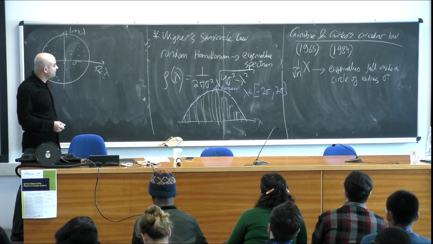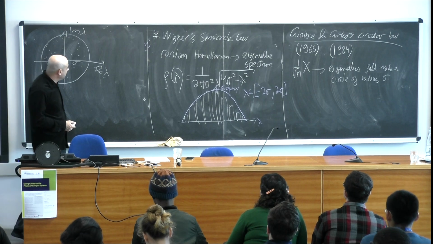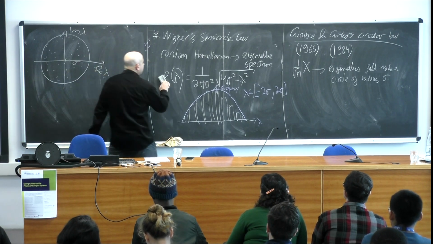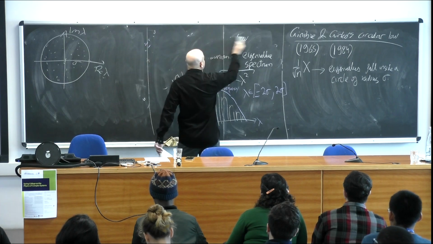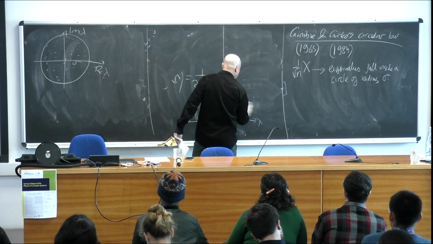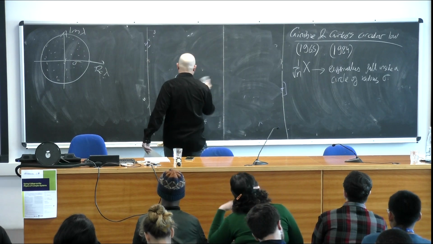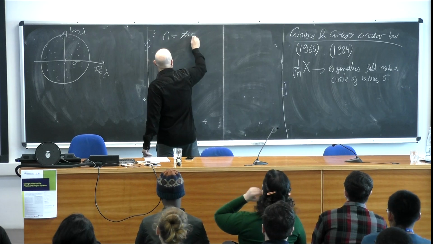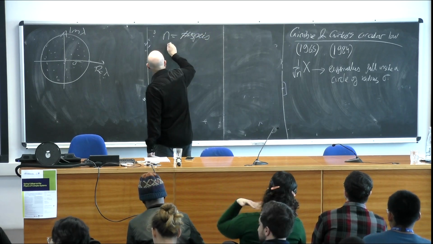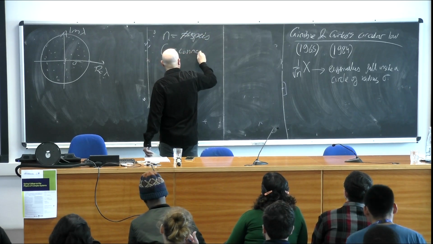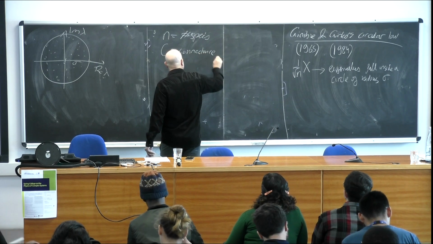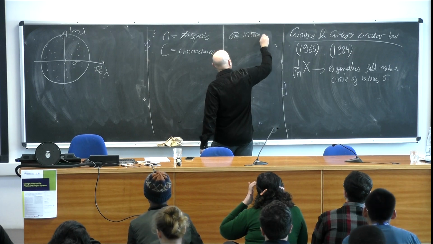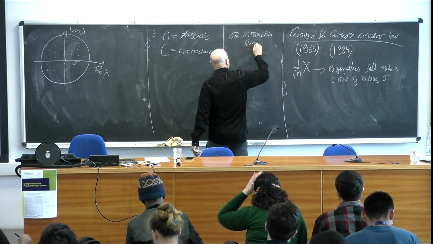In May's context, going back to May, we said that we had 3 parameters: the system size, the number of species n, c, the connectance, and sigma, which is the interaction strength.